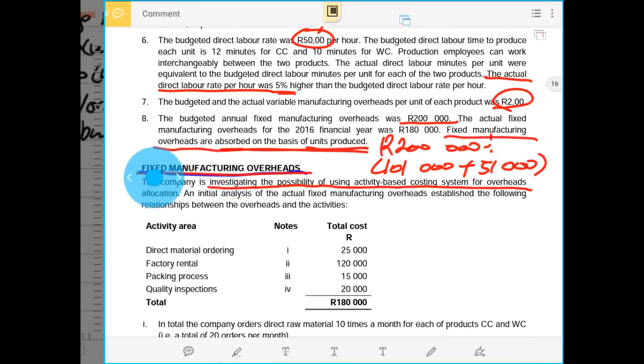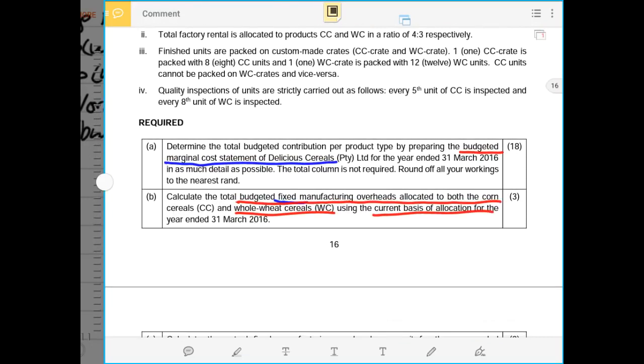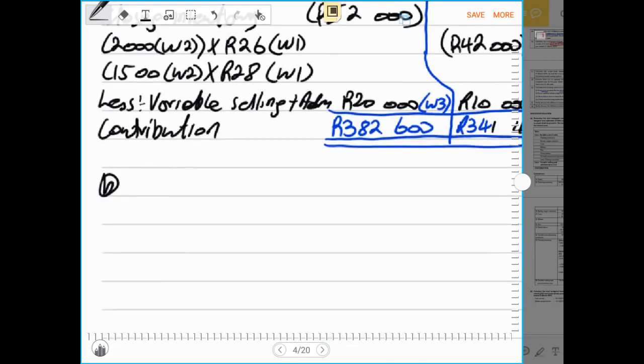So now they say we must just calculate our fixed cost in total using the current basis of allocation. Our fixed cost is for product CC and product WC.